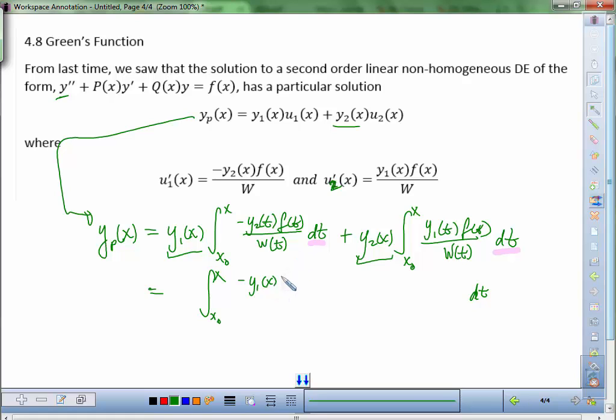That's a function of x, whereas the rest of these factors are going to be functions of t. That's y2 of t, f of t, divided by w of t, plus, that's the y2 is a function of x, y1 of t, f of t, divided by the Wronskian as a function of t.